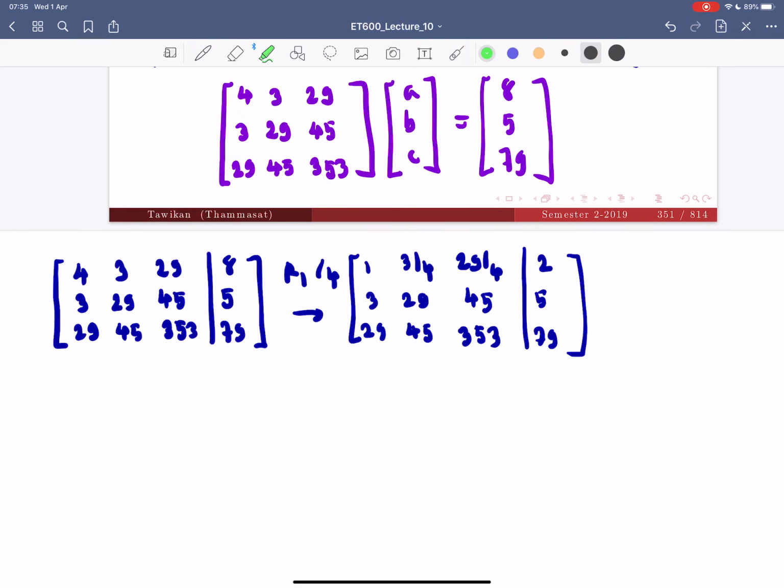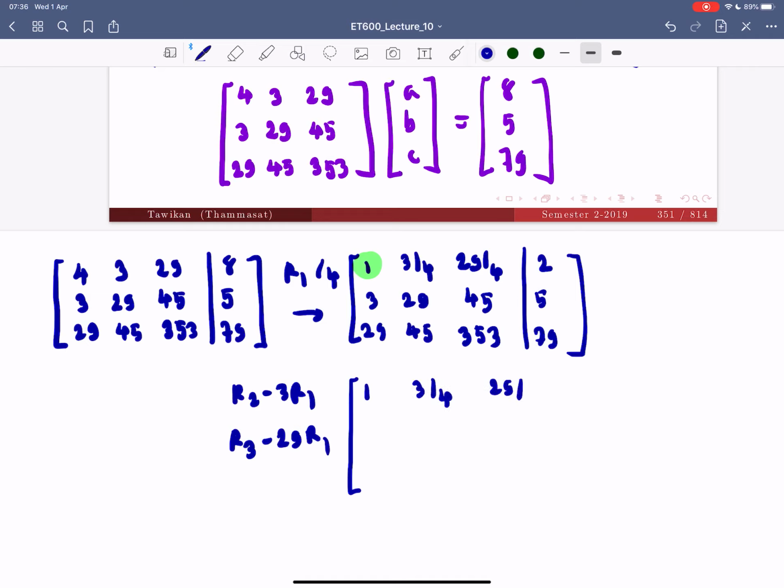And then after I've got the leading one, I perform 2 more row operations, say R2 minus 3R1 and R3 minus 29R1 to get it off those 2 spots. And my resulting matrix will be this: 1, 3 over 4, 29 over 4, 2.